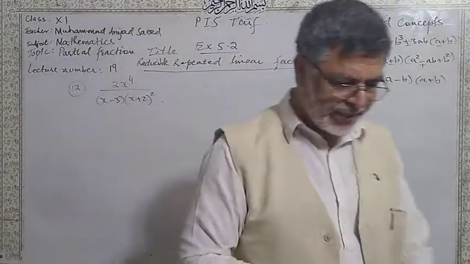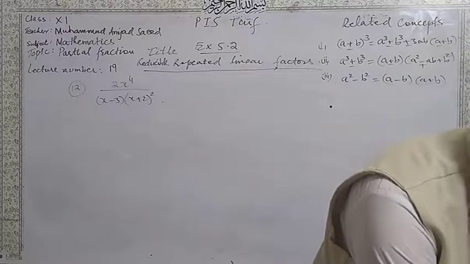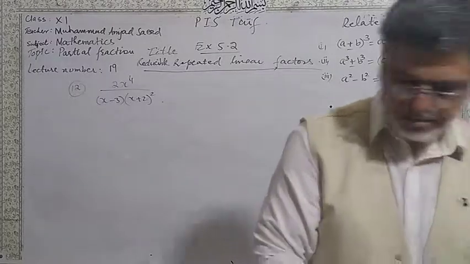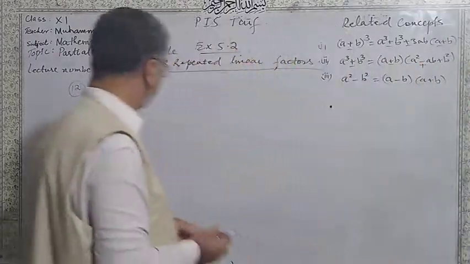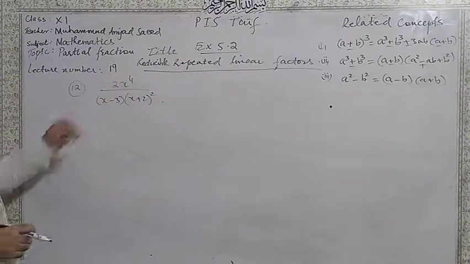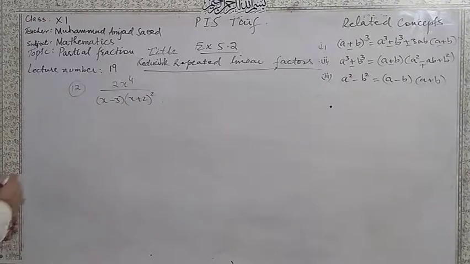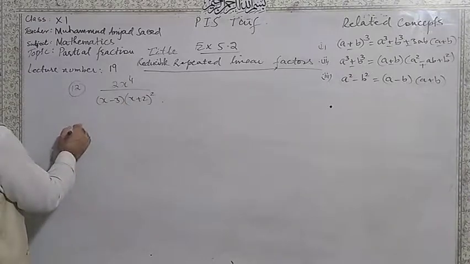First of all, we will check it. Here the degree in the numerator is 4, and in the denominator the degree is 3. So that's why first of all we will solve it.